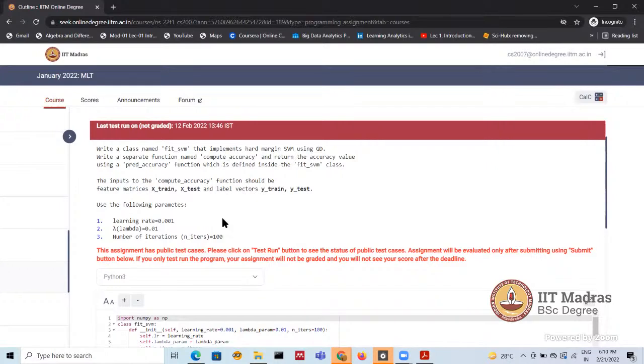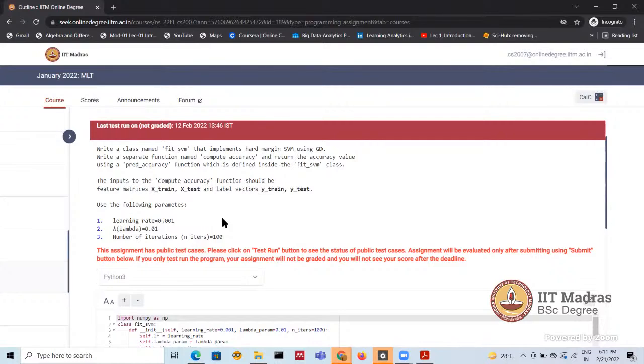The last question, the programming question, is that you have to write a class which is fit SVM. This implements hard margin SVM using the gradient descent approach. That is the class you are going to define for implementing all the functions for the SVM. Then write a separate function named compute accuracy, which returns the accuracy value using the pred accuracy function defined inside this fit SVM class.